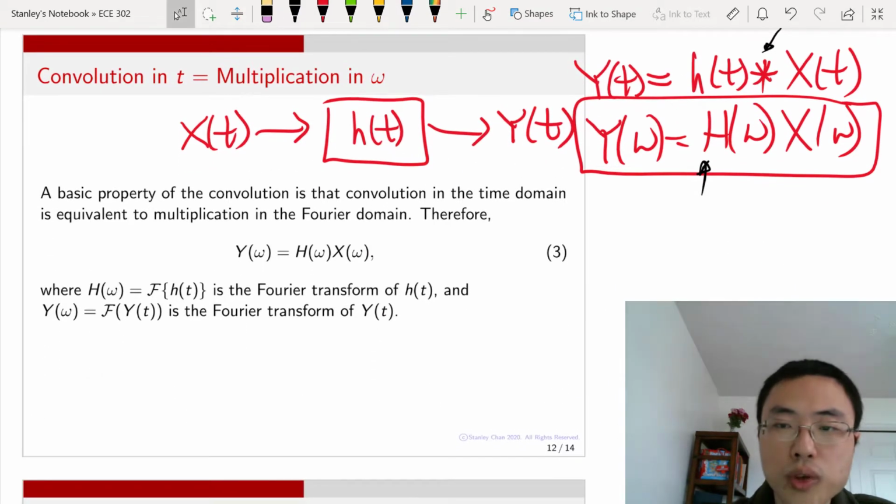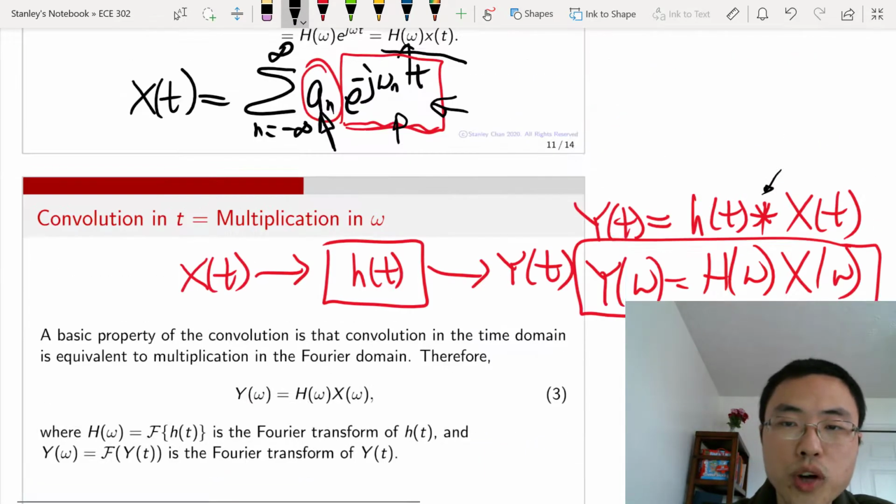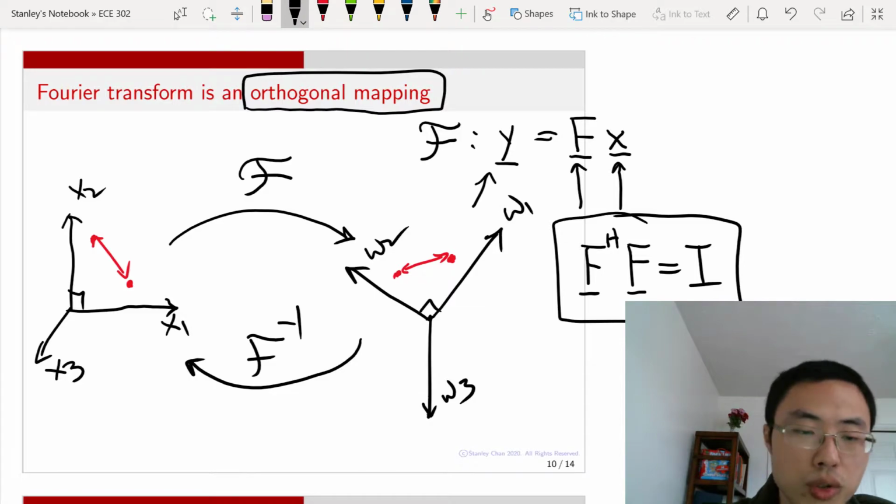And afterwards, what do we have? Afterwards, after you do this multiplication in the Fourier domain, you can use the first property. The first property says that now you're in the Fourier space, just do the inverse mapping.